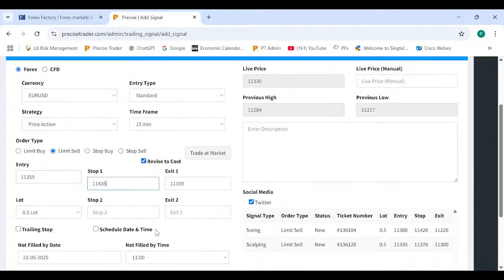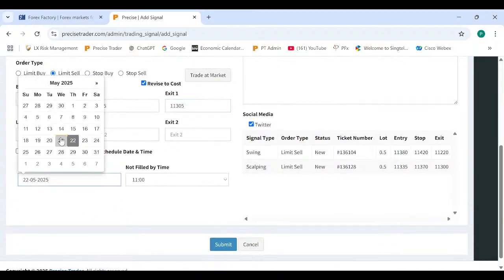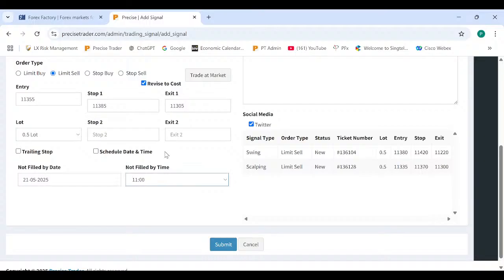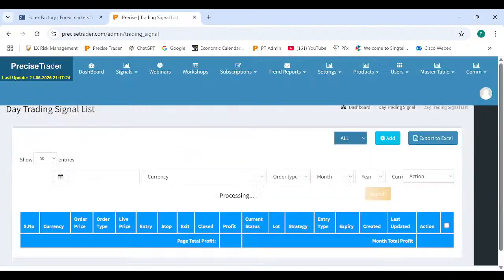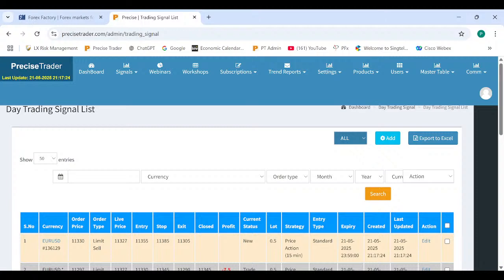Put a stop at 11385 and TP again 113 maybe 05, and this is also half lot, and this is again until the next time belt, which is at least 2 to 3 hours, maybe until 24. So we are going to go for this trade, two trades.